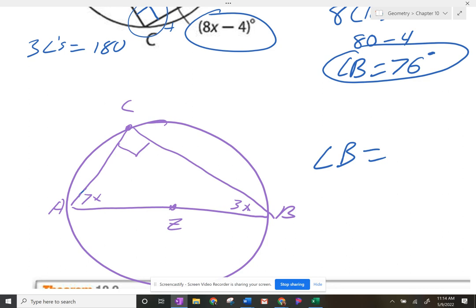They're on the same side, so you add them. Oh. Okay. Good. That's it. Yeah. I get to solve. I want to know what angle B equals. Angle B? Yeah.